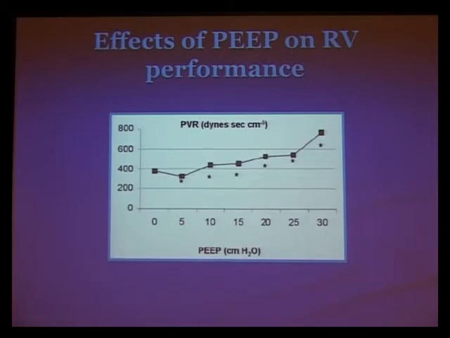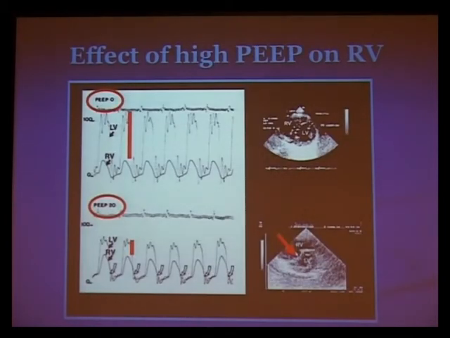This is very important because PEEP is often used in a patient after extracorporeal circulation, after capillary leaking in the pulmonary system. So the positive pressure of ventilation should be kept in mind, not increased too much, to avoid right ventricular dysfunction.